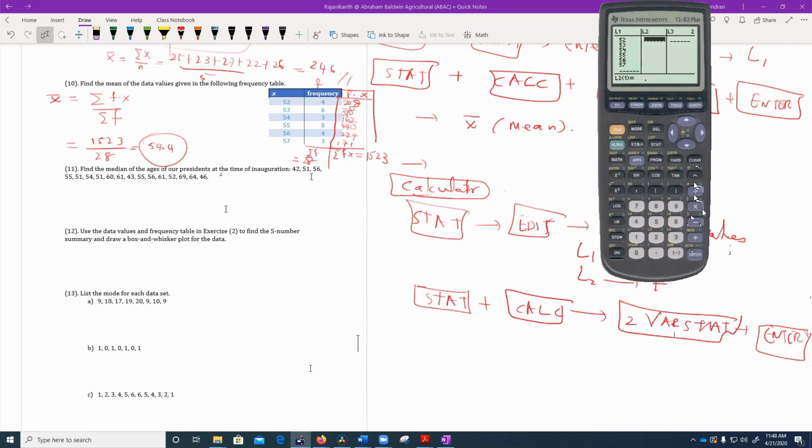And my L2 column is all the frequencies: 4, 6, 3, 4, 6, 3, 8, and 43. Then go to stat again, calc, number 2 now, because you have 2 columns, enter.